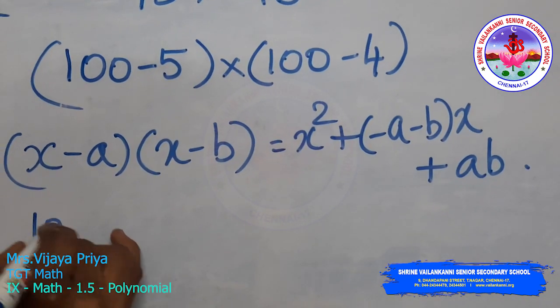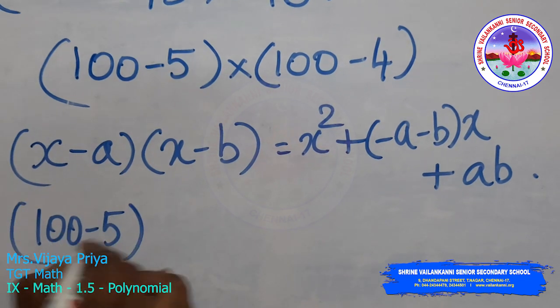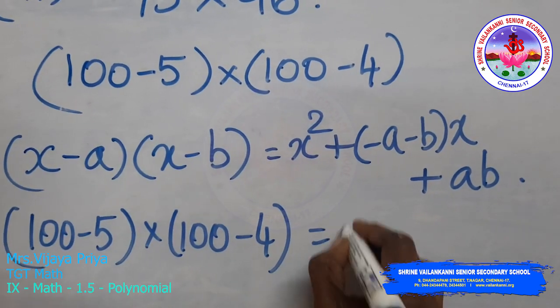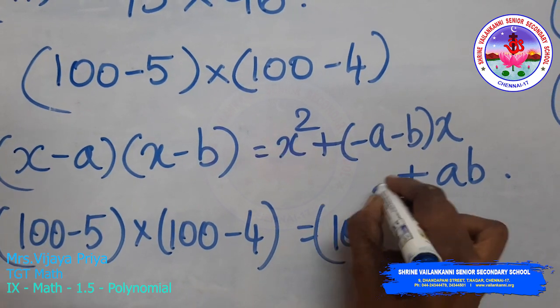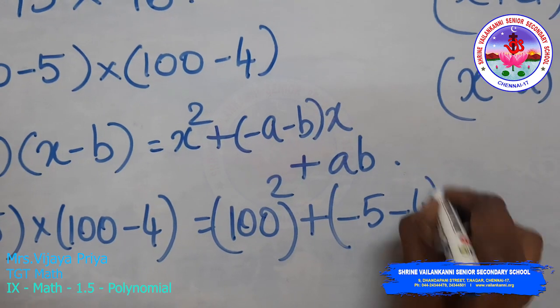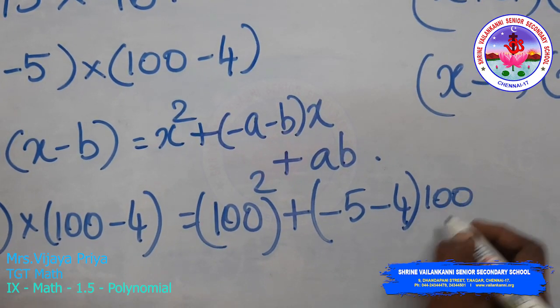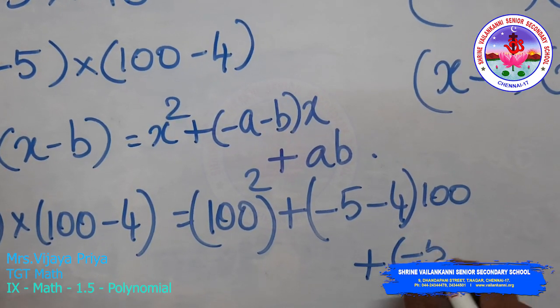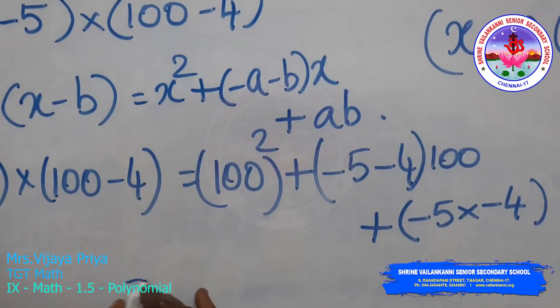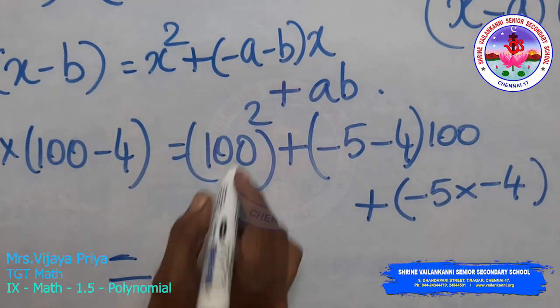I am going to use this formula here, which is equal to 100 squared plus (−5 − 4) times 100 plus (−5)(−4).